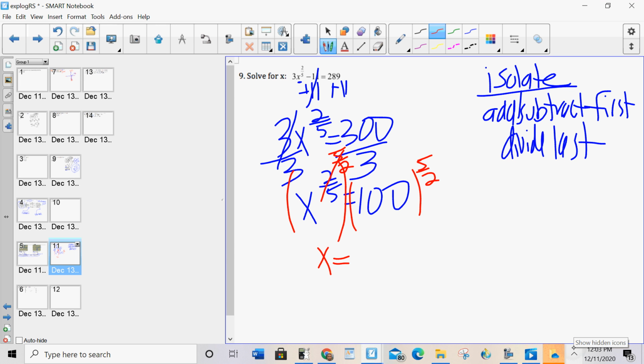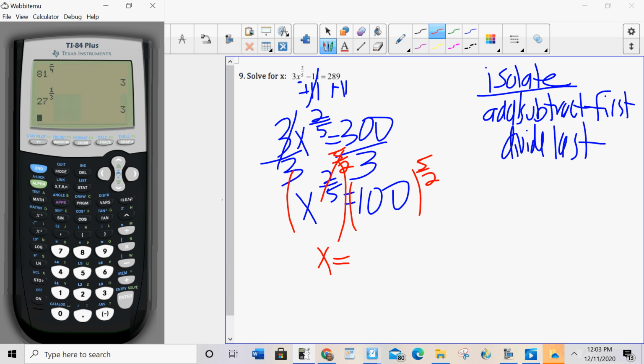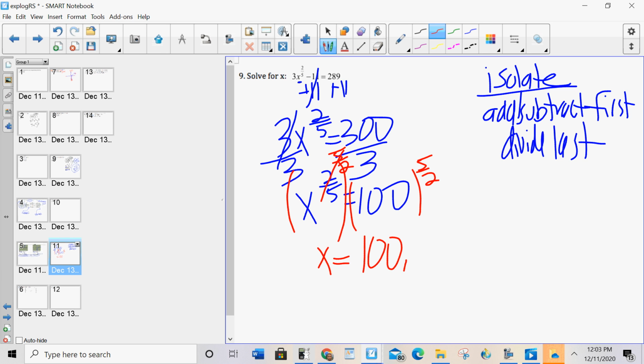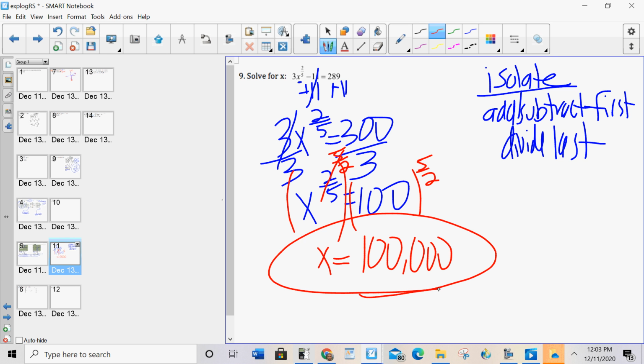I have 100 to the power of 5 over 2. 100 to the power of 5 over 2 is 100,000. That's your answer. For all exponential equations, we isolate first. For constant exponential equations, we raise both sides to the reciprocal power.